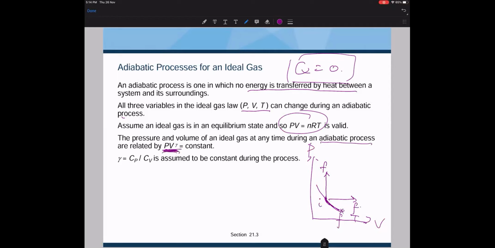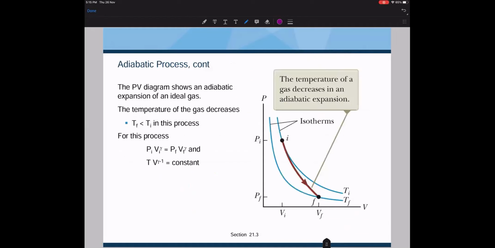And that is PV to the power gamma is equal to constant in an adiabatic process. So if you go to the next page, you will see the situation. Here, the initial state is I, the final state is F.